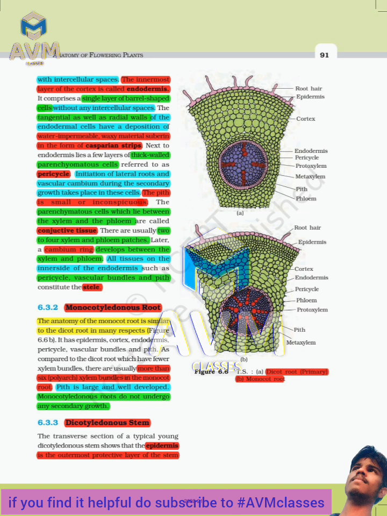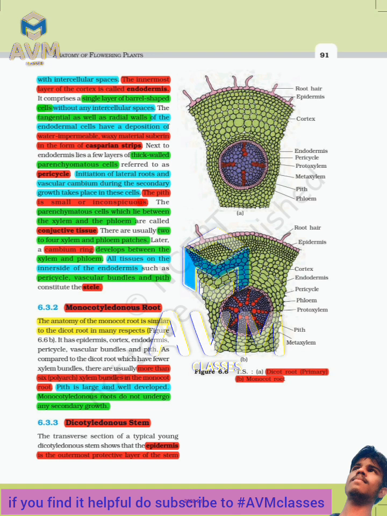Next to endodermis lie a few layers of thick-walled parenchymatous cells referred to as pericycle. Initiation of lateral roots and vascular cambium during secondary growth takes place in these cells. The pith is small or inconspicuous.